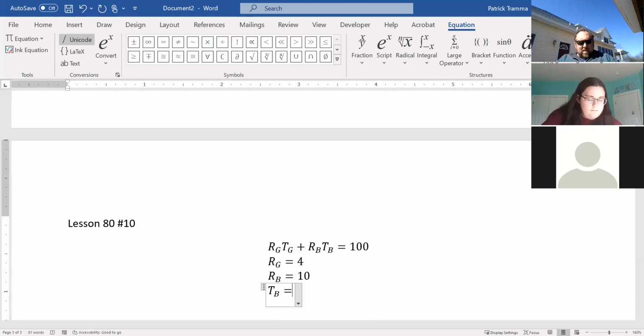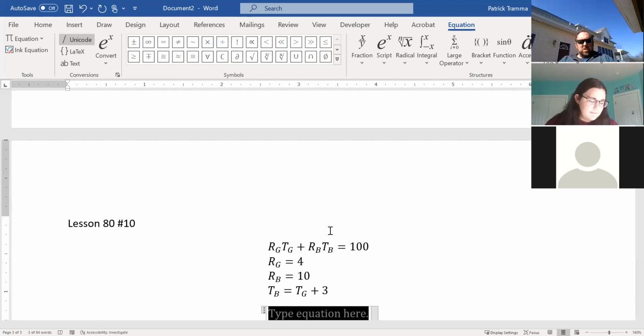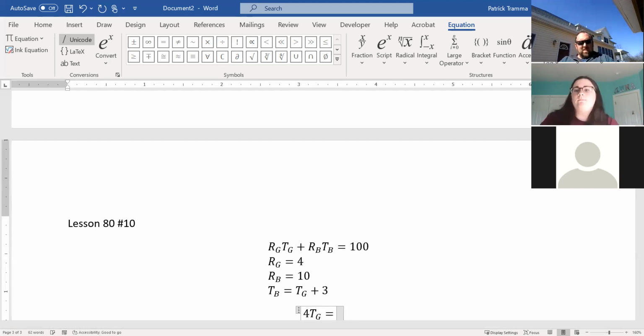Sorry, I had a spider. T sub G plus 3, right? Yeah. Okay, R sub G equals 4. T sub G is what we're looking for. So we'll just multiply. Oh, no, we're adding, sorry.